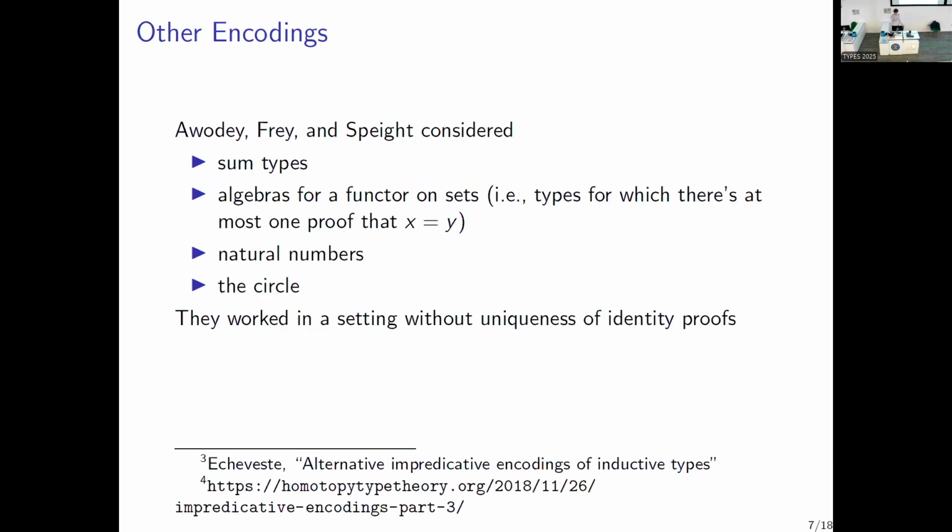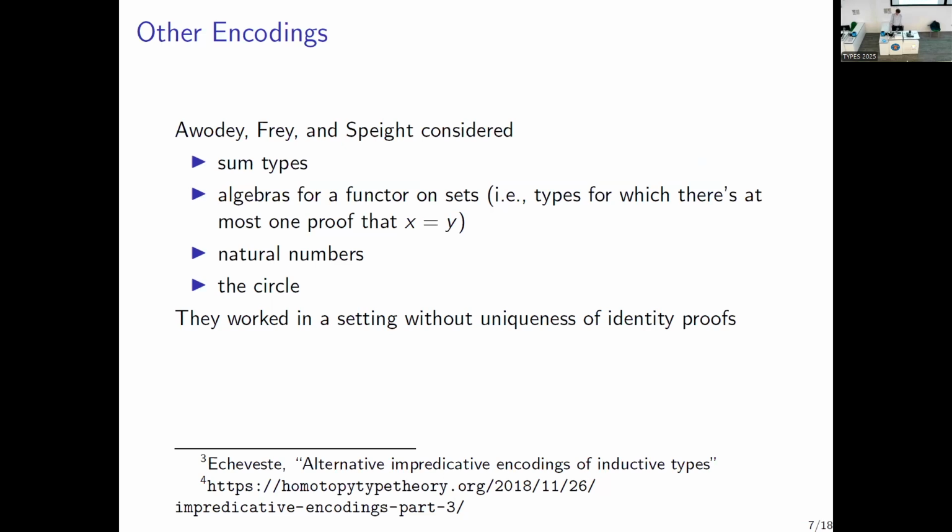So Sam didn't just look at lists. He looked at much more, like sum types, algebras for functors, natural numbers, circles. And it was also studied in a setting without uniqueness of identity proofs. But they always had to screw around with all kinds of truncation stuff, like they were not looking at the whole impredicative universe, but only at those types that are sets.